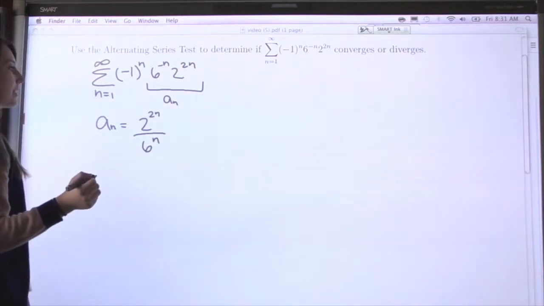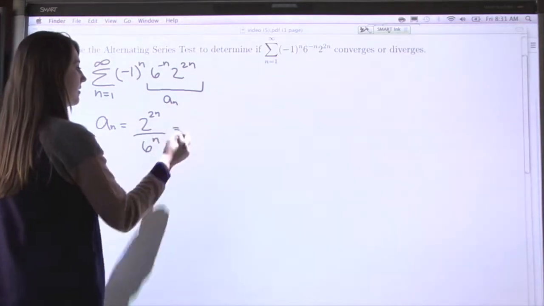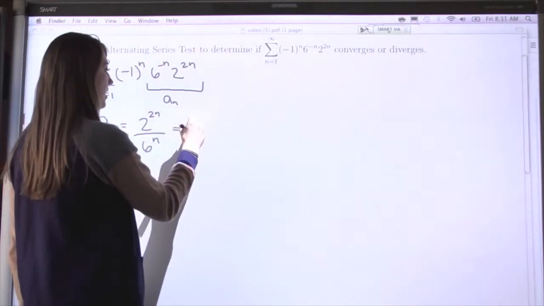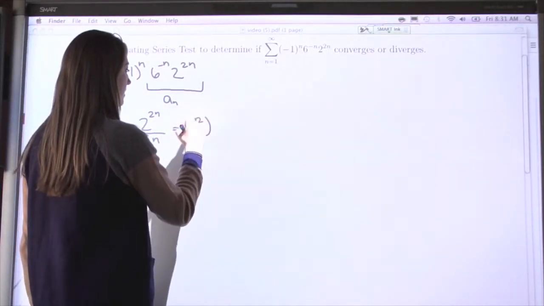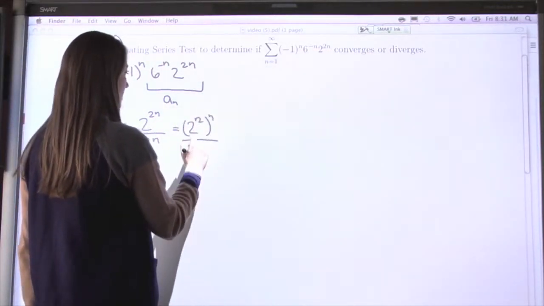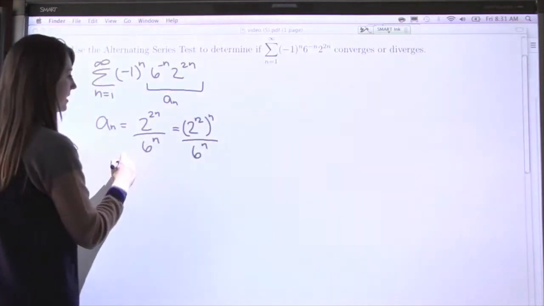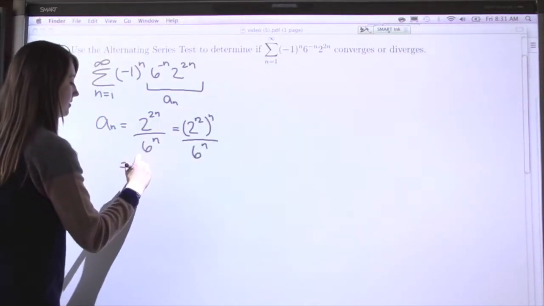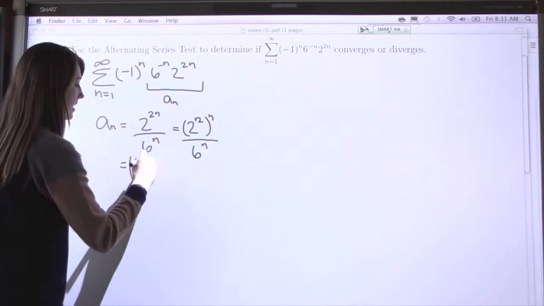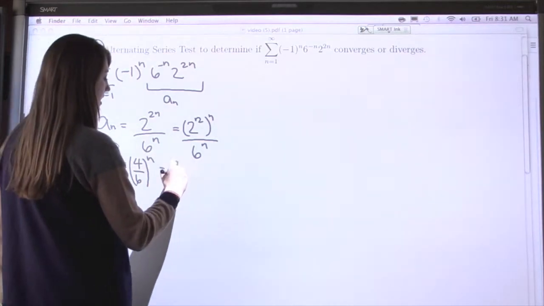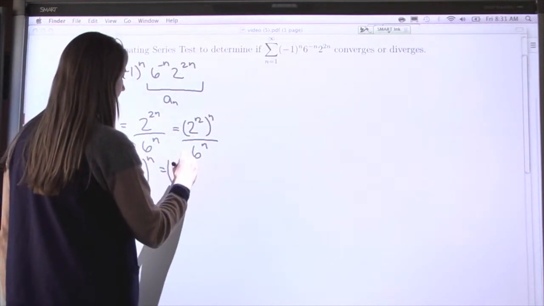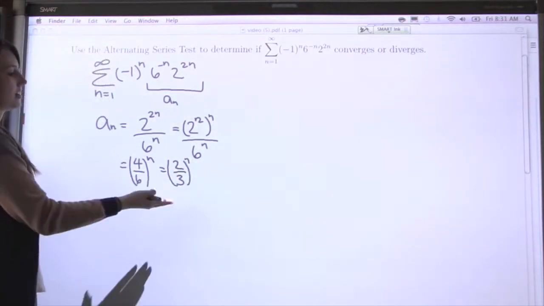Okay, this is looking better, but I think we can go even further. We can rewrite this top part as this, which then we can see is just 4/6 to the n, which is 2/3 to the n. Okay, so this is our a sub n.